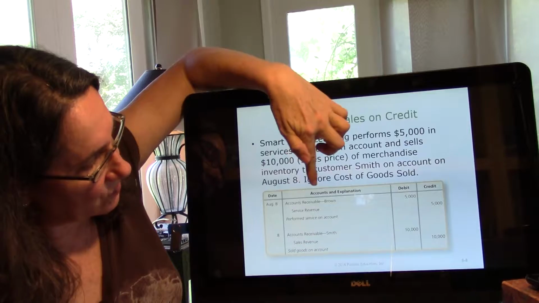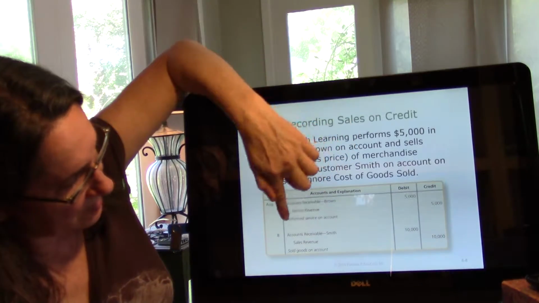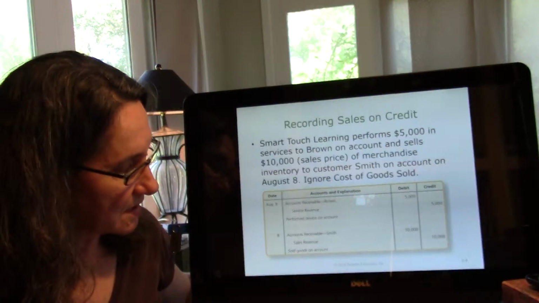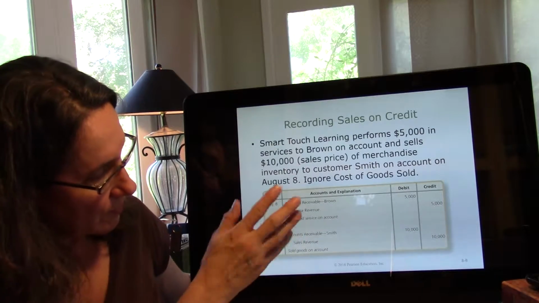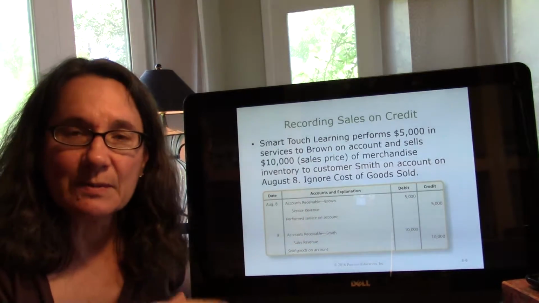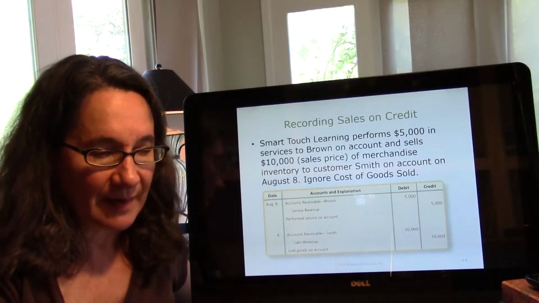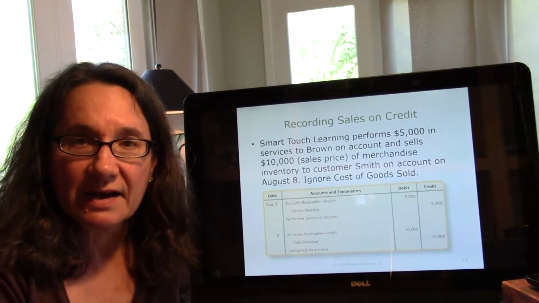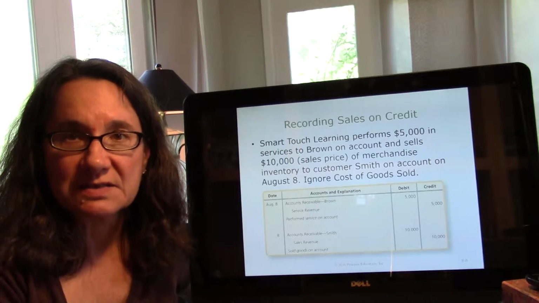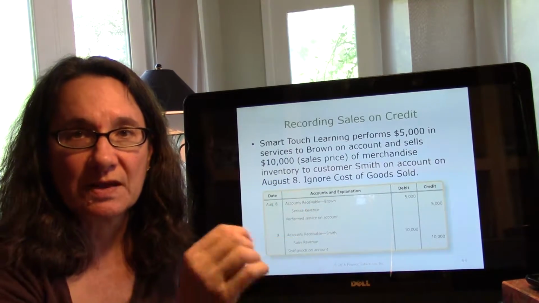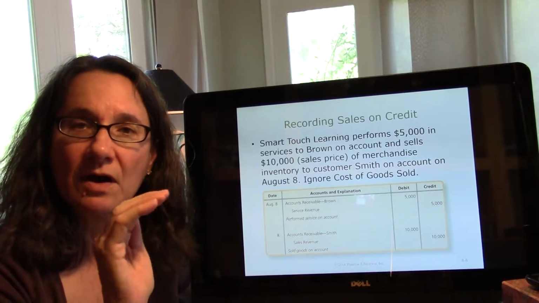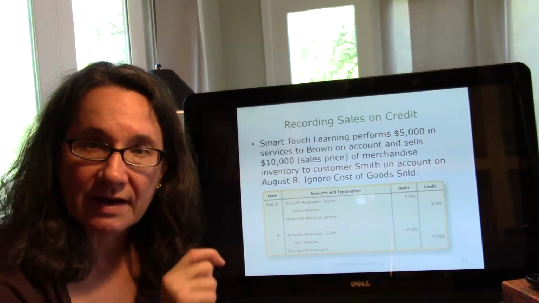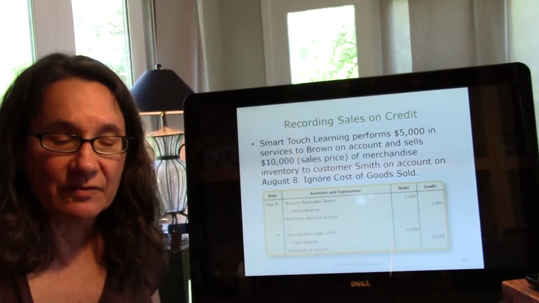So you can see we have accounts receivable, Brown, accounts receivable, Smith, and the revenue, right? Those are what we mean by keeping the accounts separate. So from now on, when you write down an accounts receivable, don't just write accounts receivable, write accounts receivable Smith, accounts receivable Brown, accounts receivable Scalon. Whoever owes you that money, you write that down so you make sure you're getting the right amount from the right people.